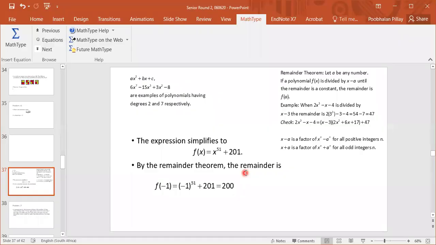But if you raise it to an even power, it's +1. -1 squared is +1. -1 cubed is -1, because you're multiplying -1 by itself 51 times. So you get -1, so 201 minus 1 is 200.